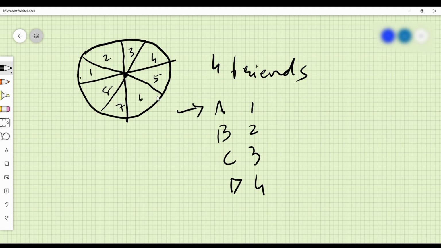So I'll again give fifth piece to A, sixth piece to B, seventh piece to C, and eighth piece to D. So as you can say, all of them have got two pieces each, and so now they are all happy, right?